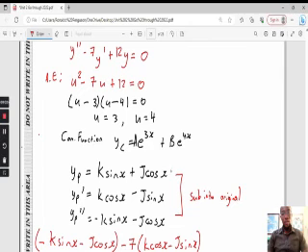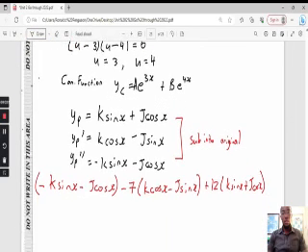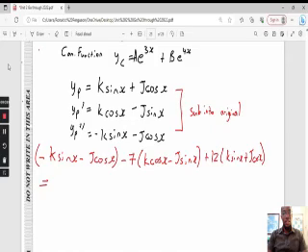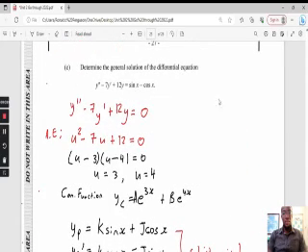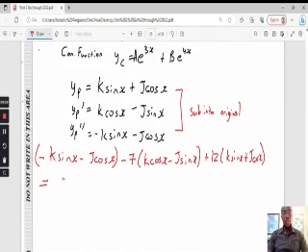Then we plug in plus 12 times y, and y is k sine x plus j cos x. And that's equal to what they say it was, sine x minus cos x. So that's what we equate it to.